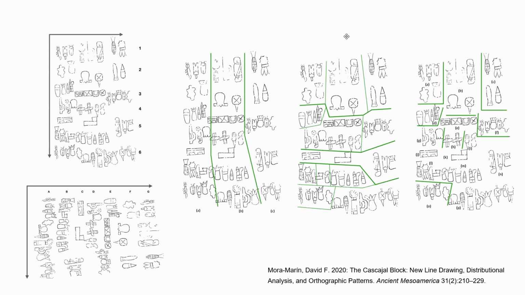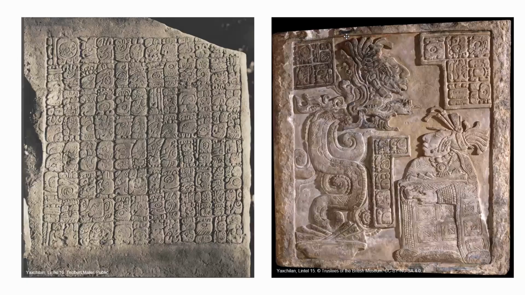We don't know if it is logosyllabic, syllabic, or something else, semasiographic, but most likely it's a predecessor of the logographic writing system. So we still don't know much about this hieroglyphic inscription.